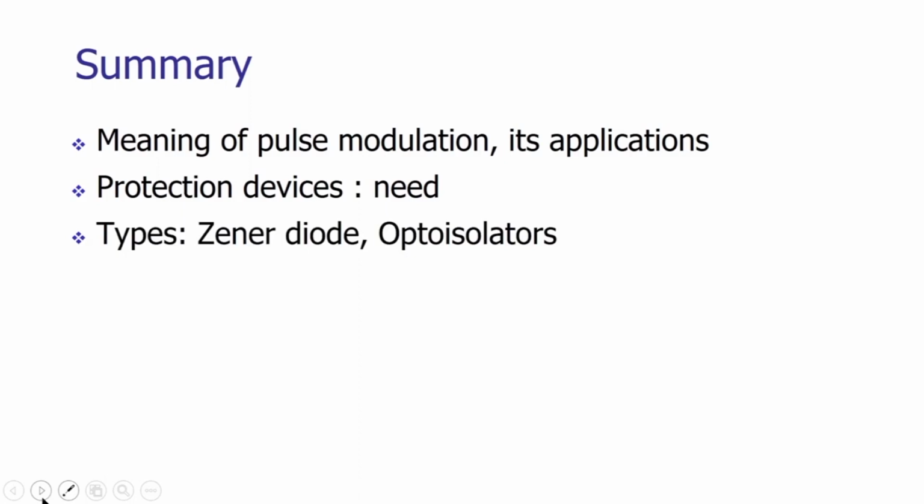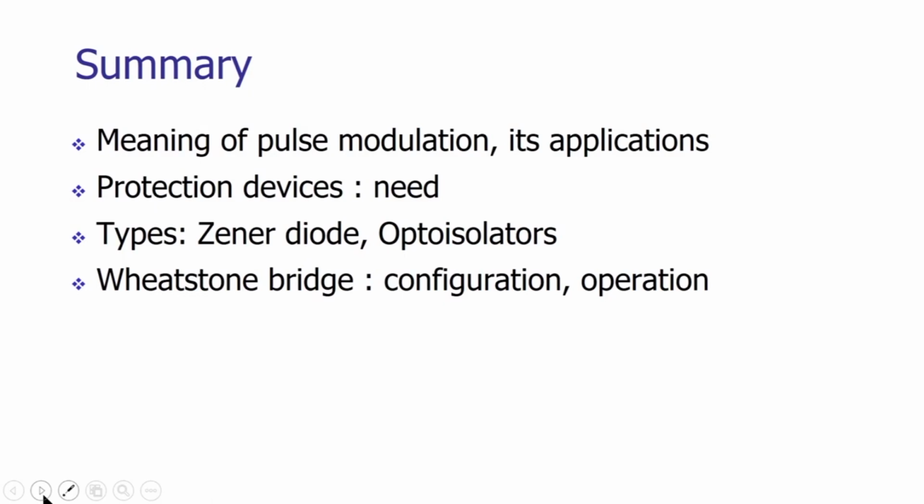We have seen basically two types of protection devices. These were Zener diode and opto-isolator. And then we have seen the Wheatstone bridge, its configuration and operation, and how it is helping us to convert the sensor into a transducer.